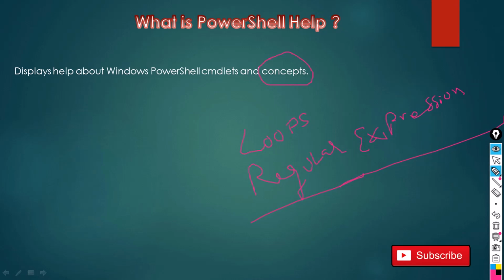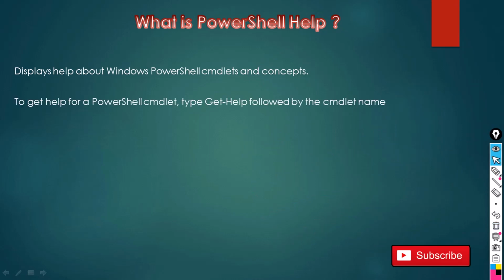And also there are logical statements and operators. So there are a lot of different concepts that you use in Windows PowerShell to build your scripts. If you ever need help on those concepts, PowerShell's built-in help system has really great documentation that details how to use them, and we are going to see that in a couple of minutes from now.